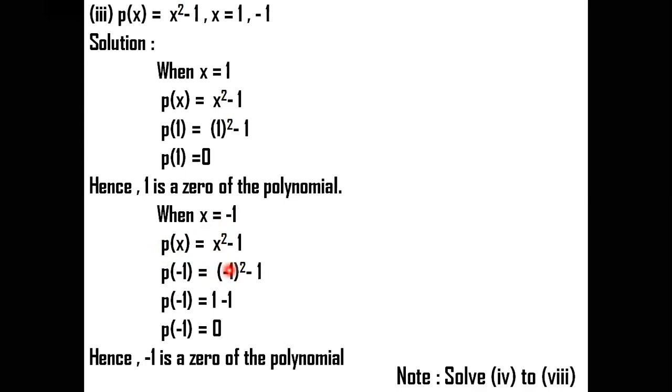So minus 1 square is 1, minus 1. And over here again, you'll find 1 minus 1 is 0. So when I replace the value of x by minus 1, I got the answer as 0. So what is the conclusion? That minus 1 is also a 0 of the polynomial.